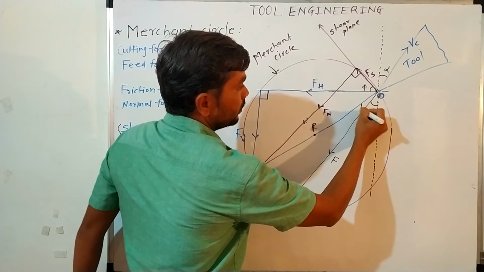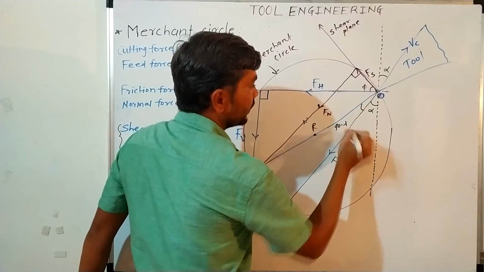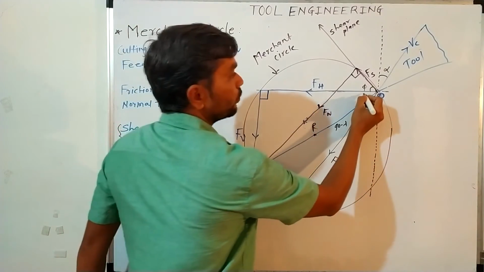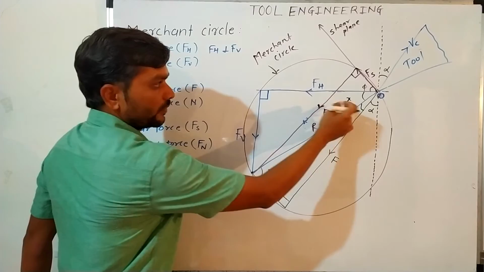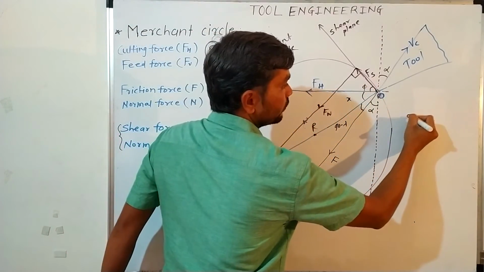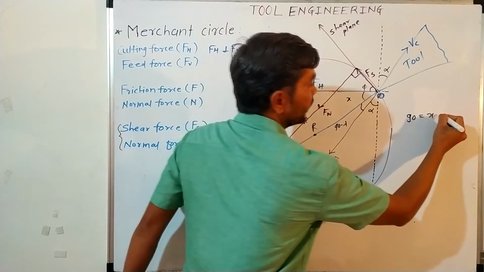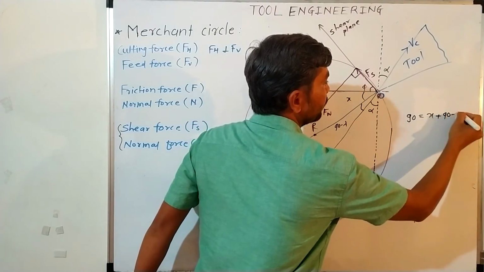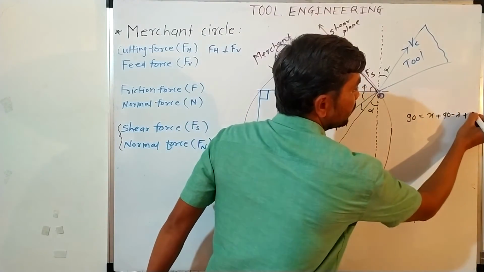Then from these 2 angles we get this angle as 90 minus lambda. Then we have to find this angle; if we consider it x, then this is our 90 degree angle. So here we can say 90 is equal to x, then this angle is 90 plus 90 minus lambda, and this angle is alpha, so plus alpha.